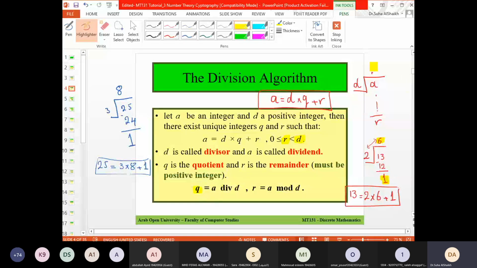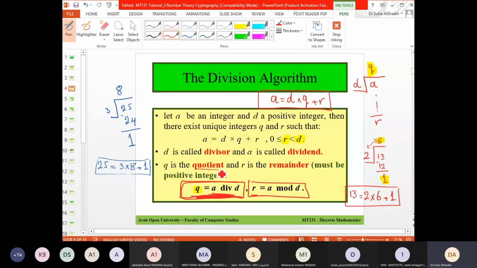Now we come to the mod and the div. The Q, which is the result, we call div. Check here. The result of dividing A by D, I call div. And the remainder when I divide A by D is what I call the mod. Okay?